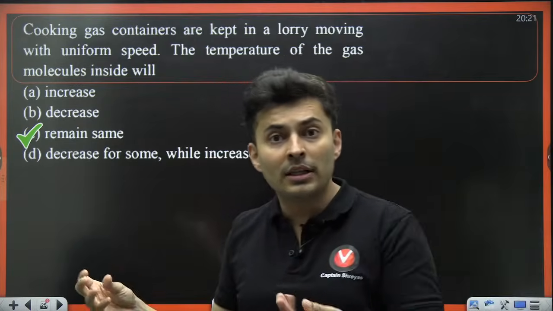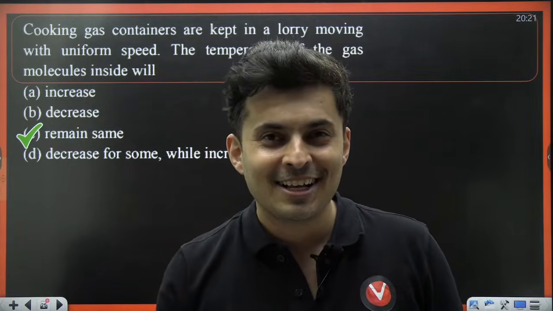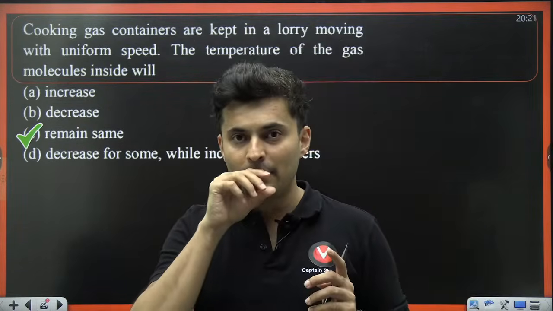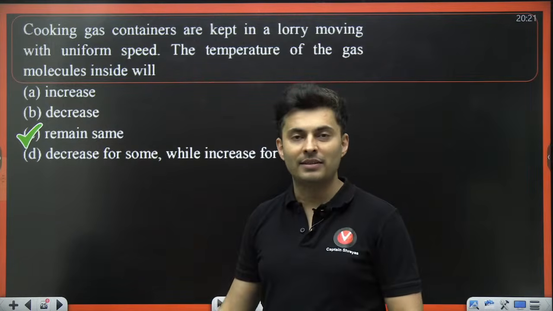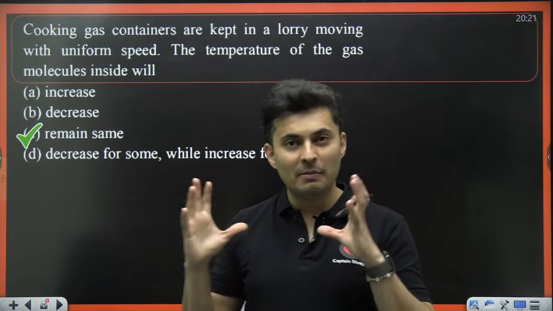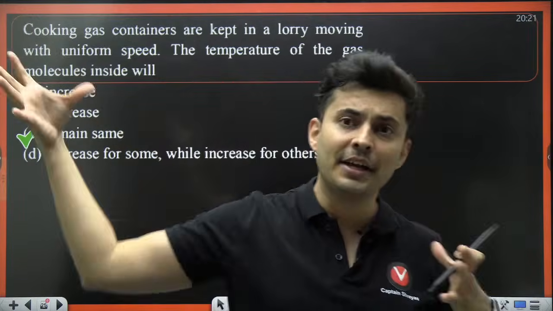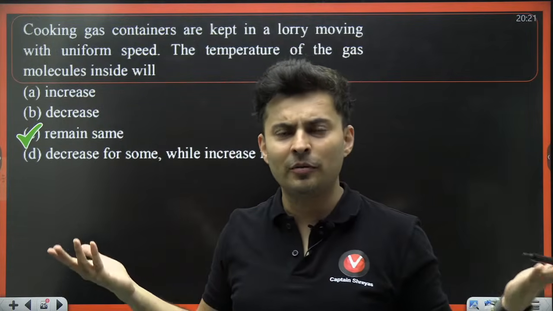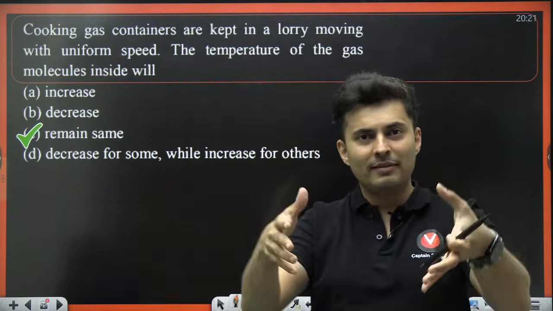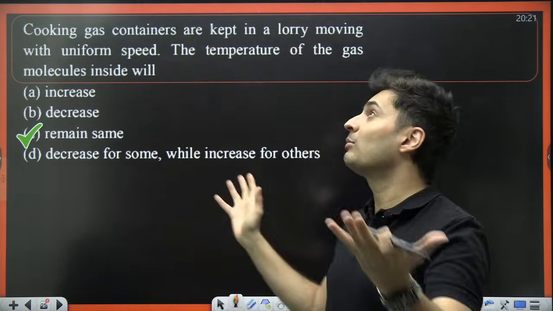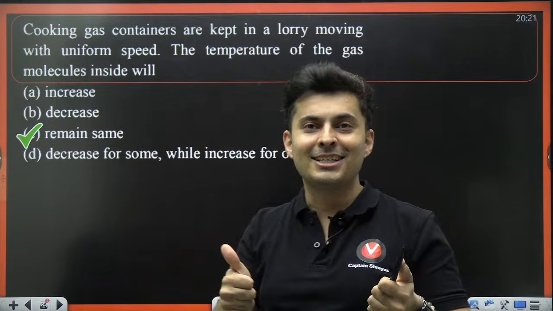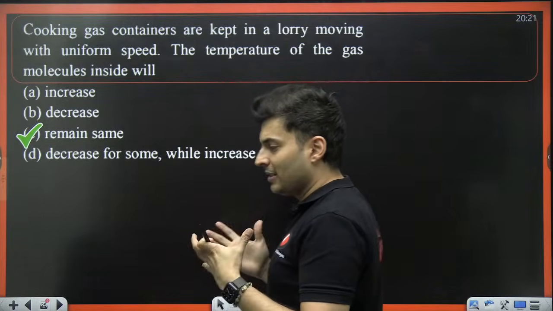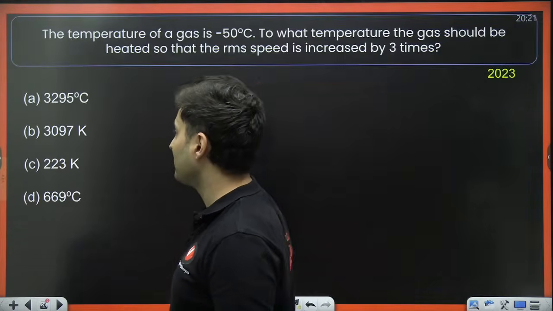Does that mean suddenly this room has more temperature? No, right? So temperature does not depend on the frame of reference. Just because you are sitting outside and you suddenly see it moving fast does not mean my room's temperature has gone up or gone down. In fact, you should always sit with the gas and then observe the gas and then measure the kinetic energy. Understand that. So always measure everything with respect to the gas.